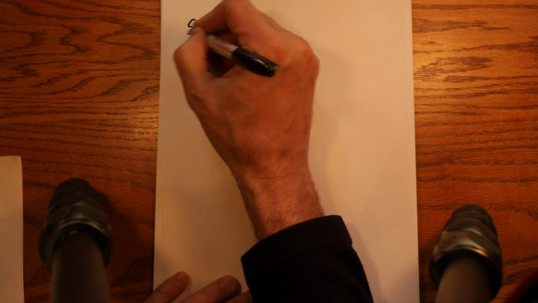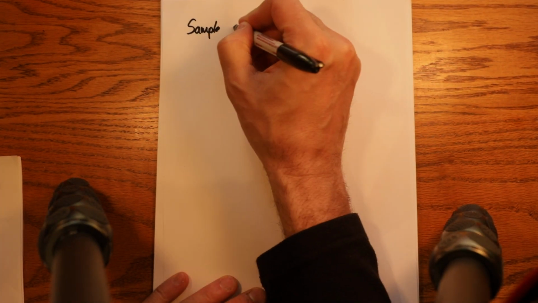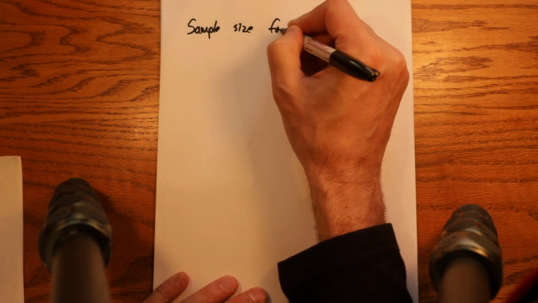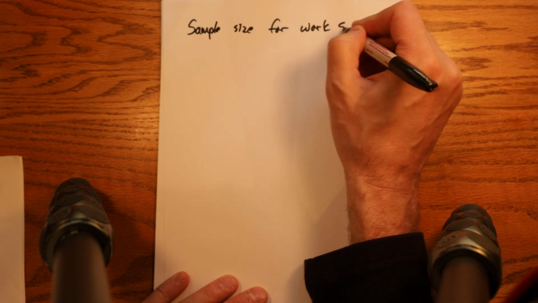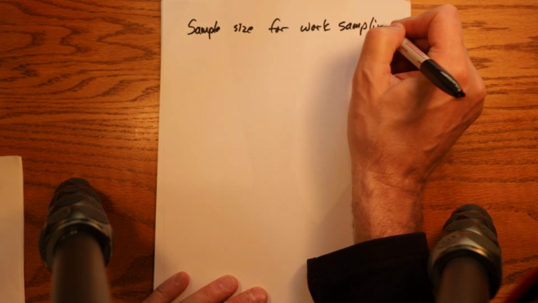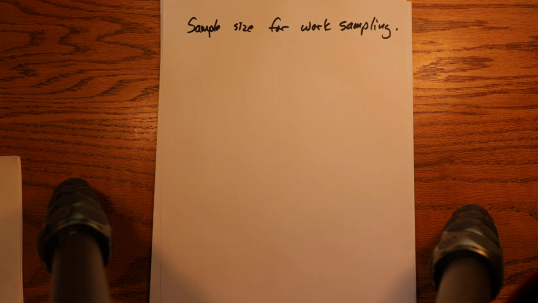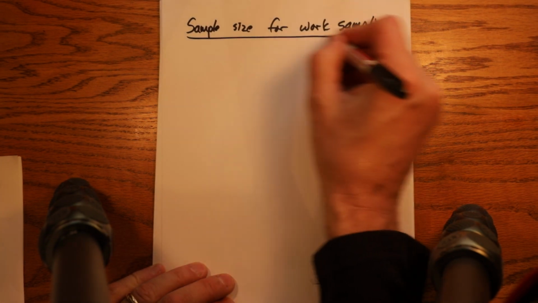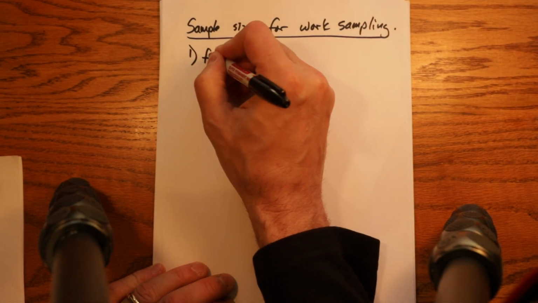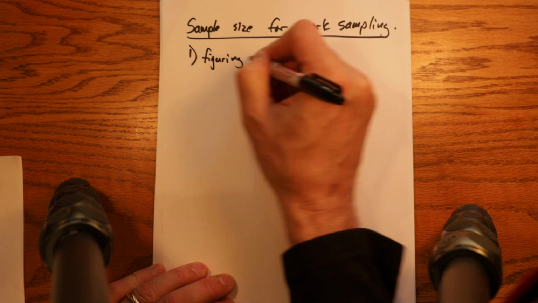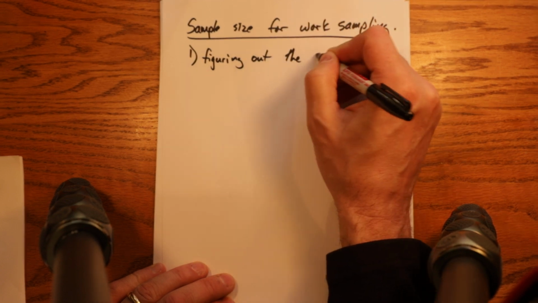So the first thing is sample size for work sampling. And there are two things that we could do for that. The first is figuring out the allowance factor.